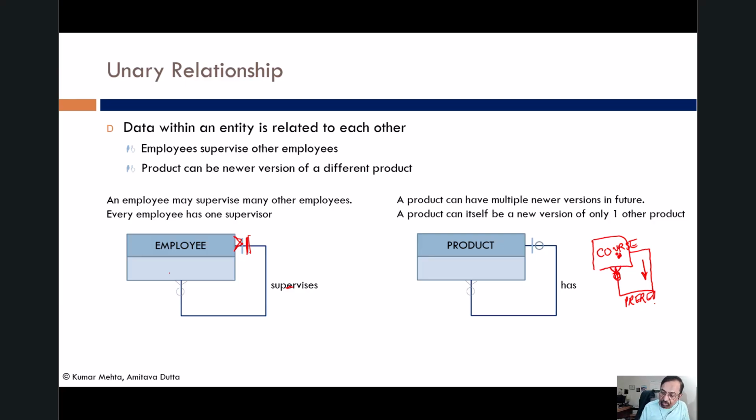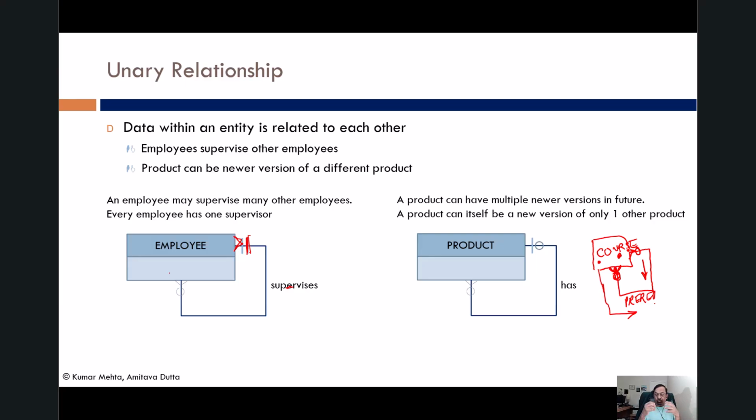In the reverse direction, one course is a prerequisite for at least 0 and at most many courses. So here again is a very common example of another unary relationship, a course being a prerequisite for other courses.